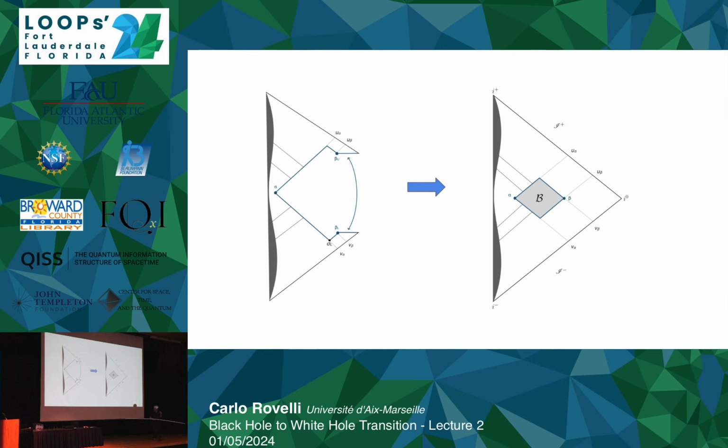This is not a solution of the Einstein equations, of course, because there is some h-bar correction here, to linear order in h-bar. But this horizon and this horizon are far away from the quantum region. Remarkably, if you forget the quantum region, this is Schwarzschild continuing into a black hole in the past and a white hole in the future.